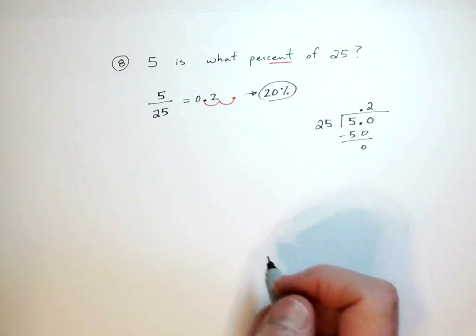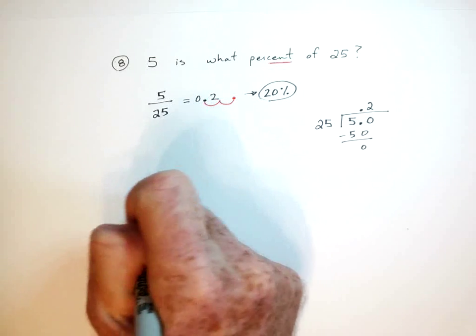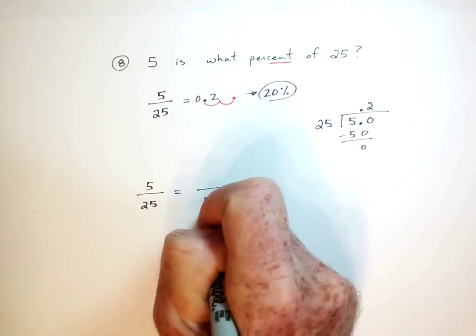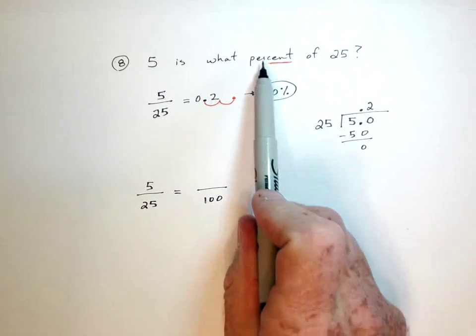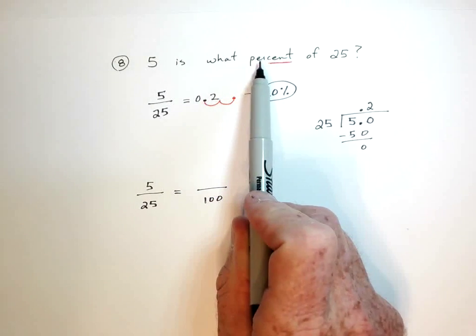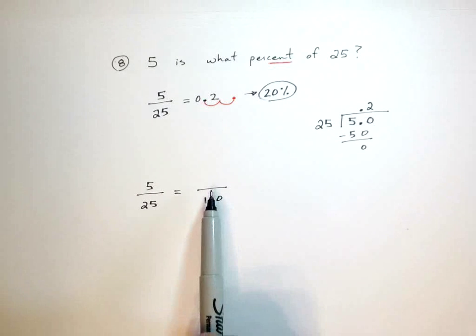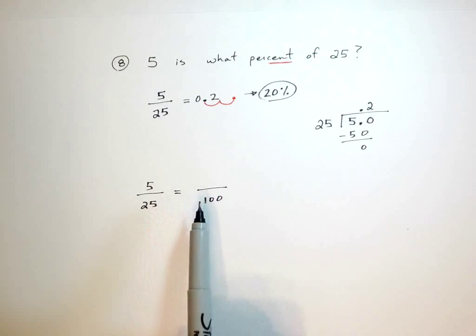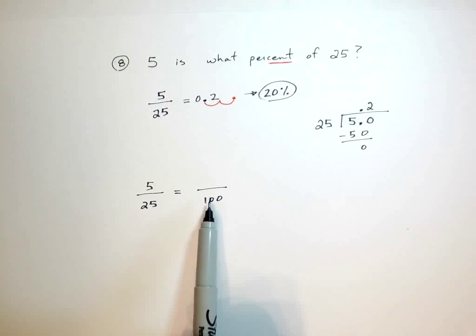But here's the other way I wanted to show you. 5 over 25. If you want to make this a percent, again the word percent literally means per 100, so make it into per 100. So how can I change this to be a denominator of 100?